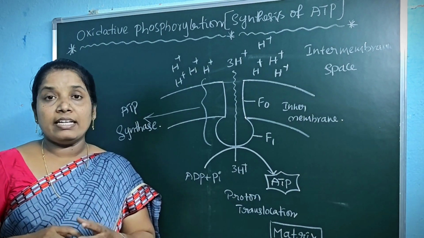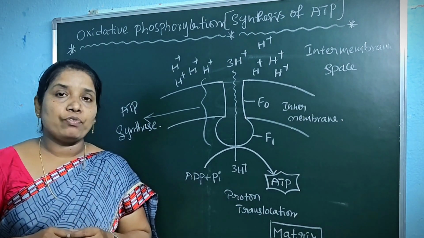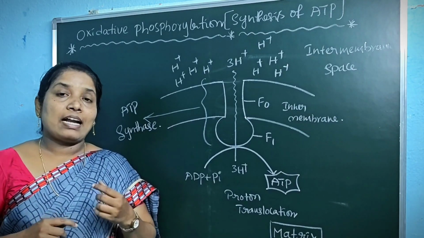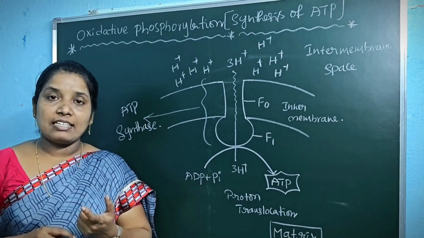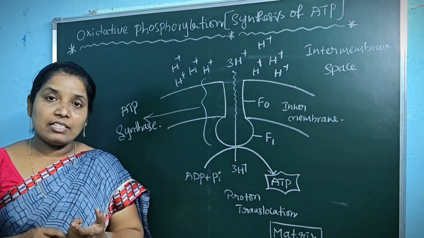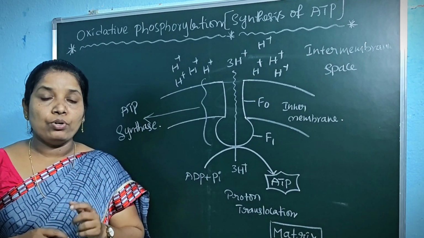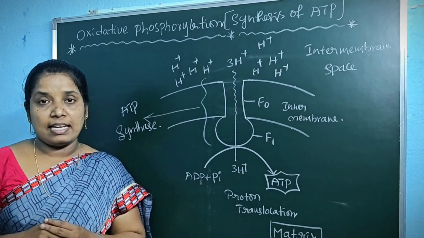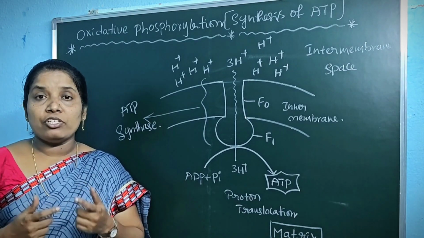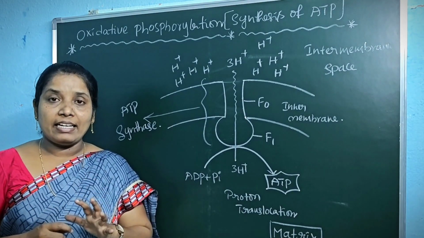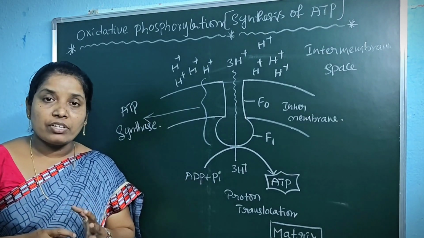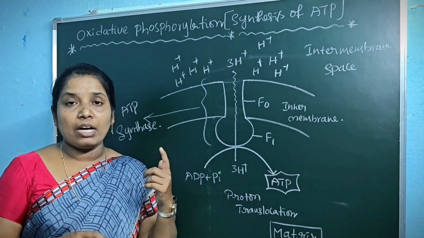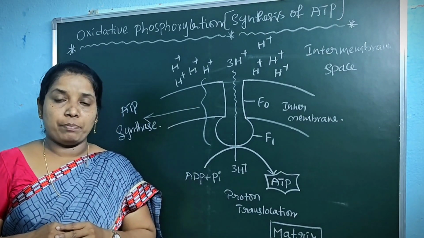As I already explained in the previous video, the transfer of electrons from NADH or FADH2 to the molecular oxygen establishes a proton gradient across the membrane. The proton translocation occurs from the matrix to the intermembrane space.